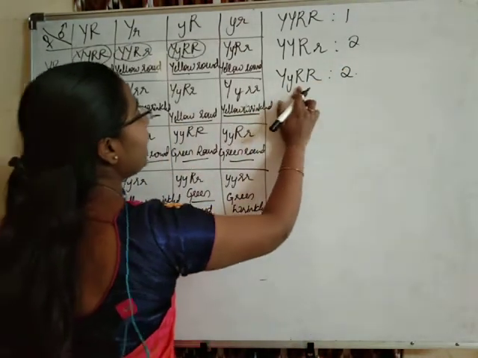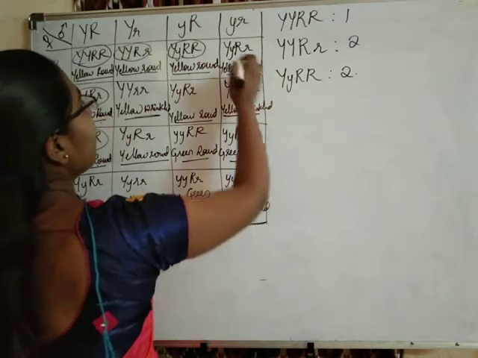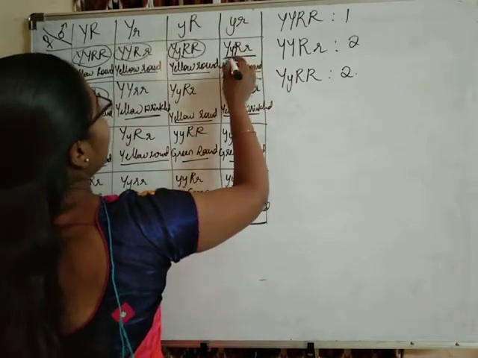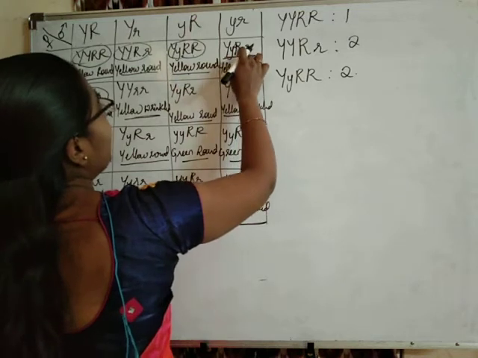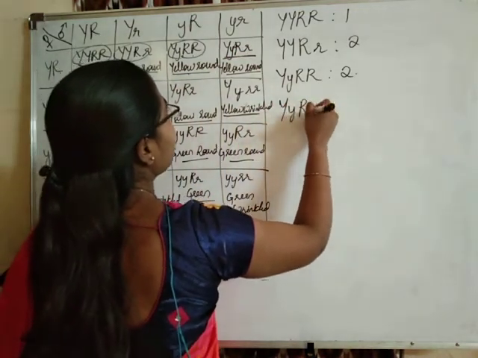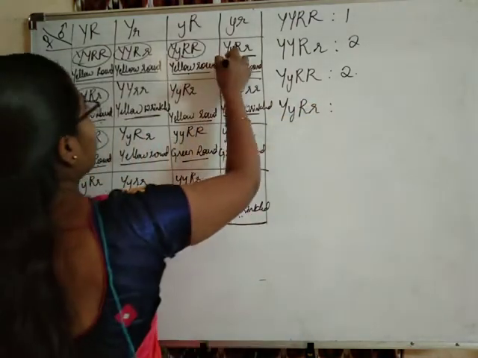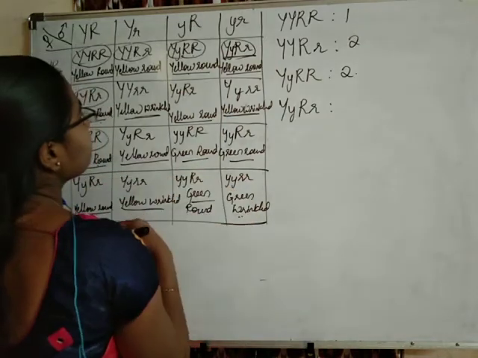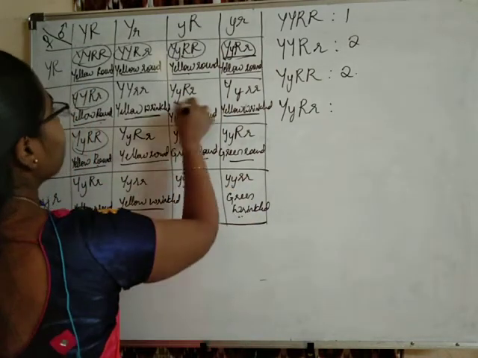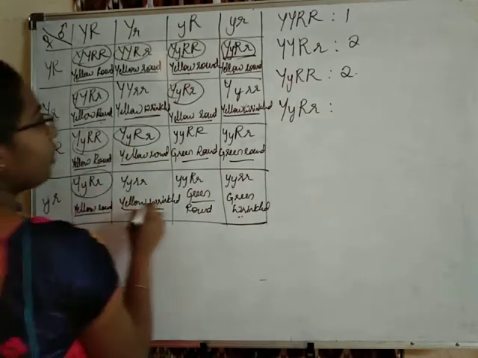Now let us see capital Y small y capital R small r. This will be 1 and 2 and 3 and 4, right?